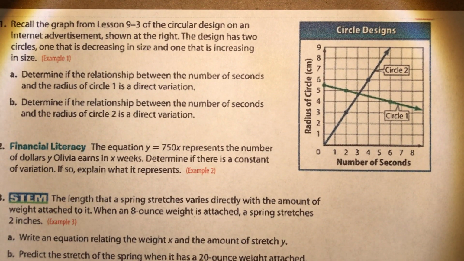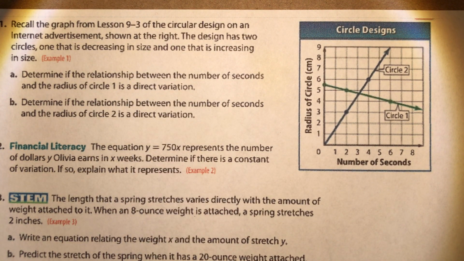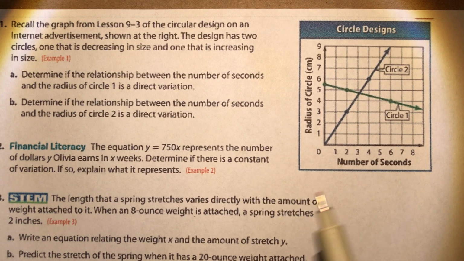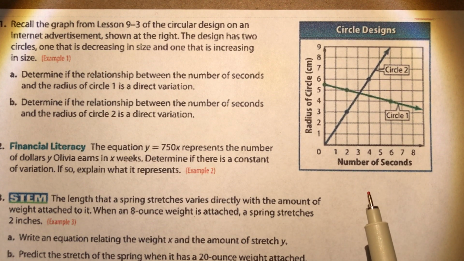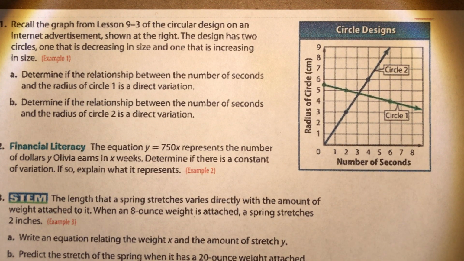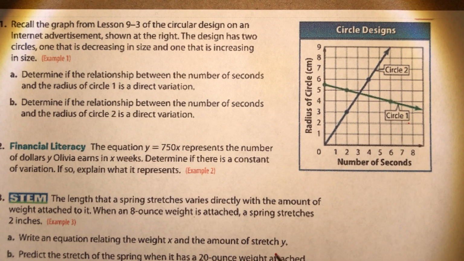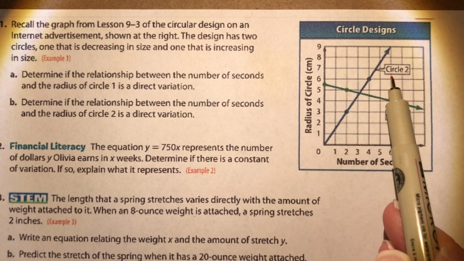All right, so it says, recall the graph from lesson 9-3 of the circular design, which I don't believe we did. The design had two circles, one that is decreasing in size, which is circle 1 right here, and one that is increasing in size, which is circle 2.